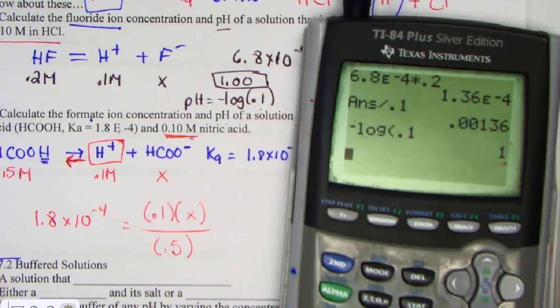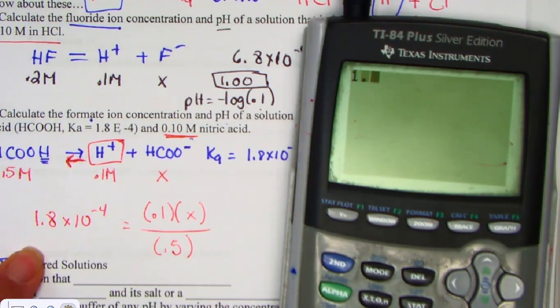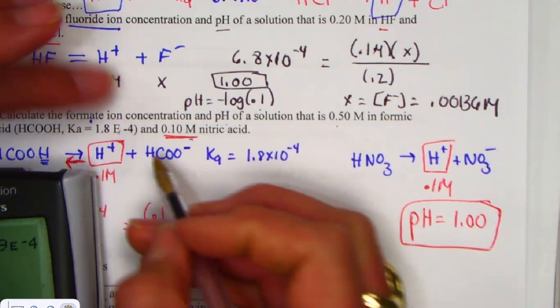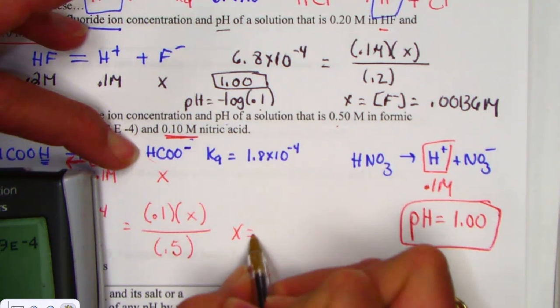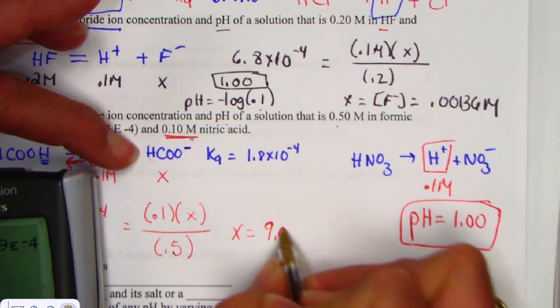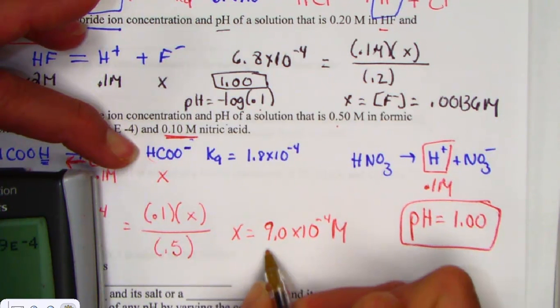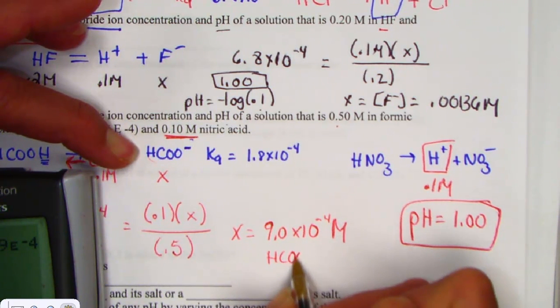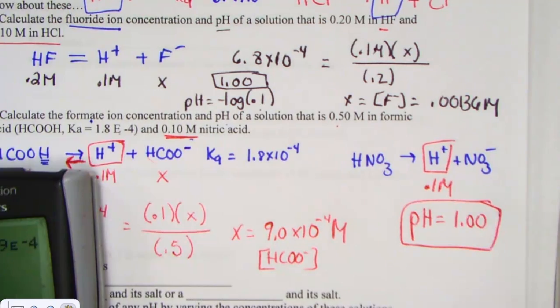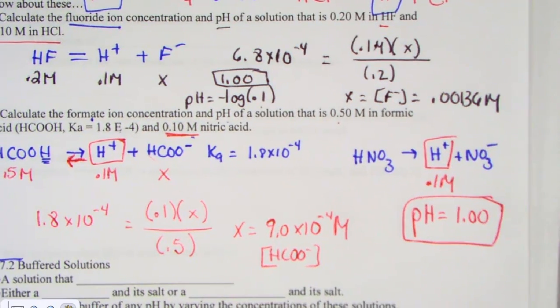When we pull out X, we'll have the formate polyatomic ion. 1.8 E negative 4 times 0.5 divided by 0.1, and our concentration of the formate polyatomic ion, 9.0 times 10 to the negative fourth molar units, the concentration of HCOO negative 1.